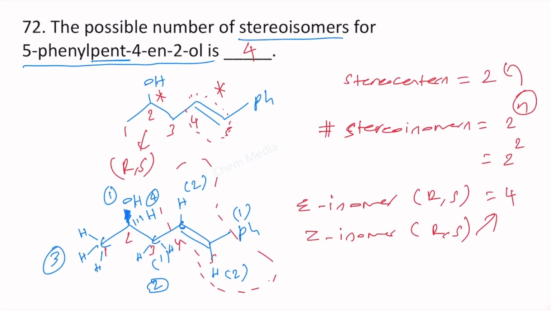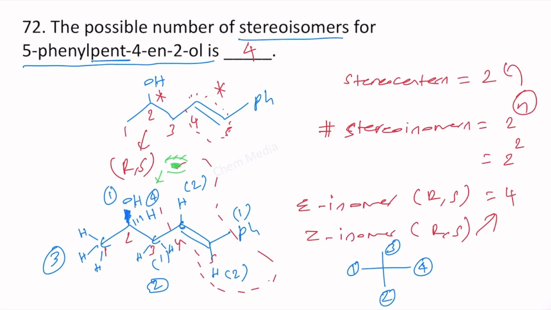Let us say we are looking at the molecule from here. We know that the OH is towards us and the hydrogen is behind. In this case, we can put it this way: 1 here, and the methyl group is at the top, therefore 3 here, and then 4 on the right hand side, so 4 here, and then 2 here. But we cannot determine the absolute configuration this way.